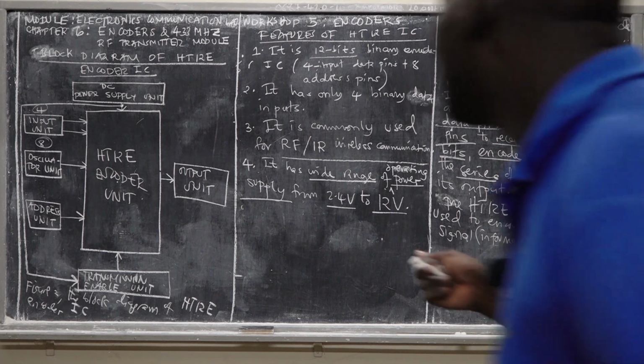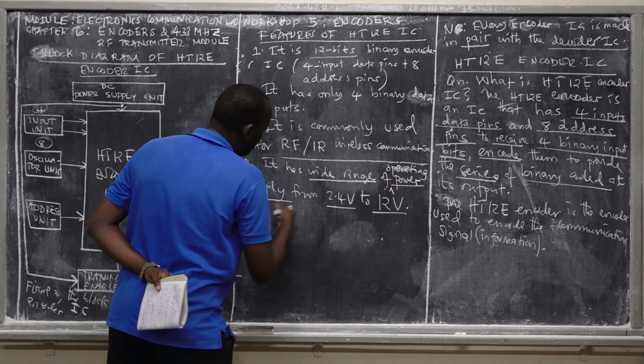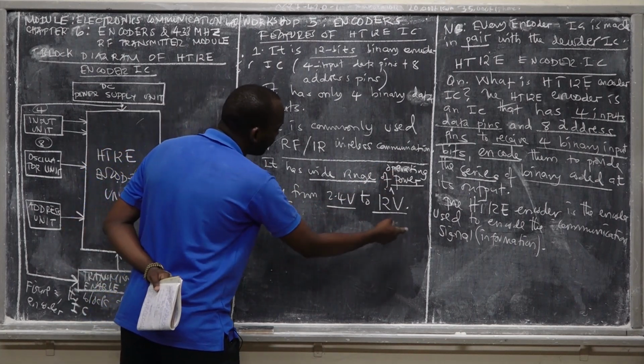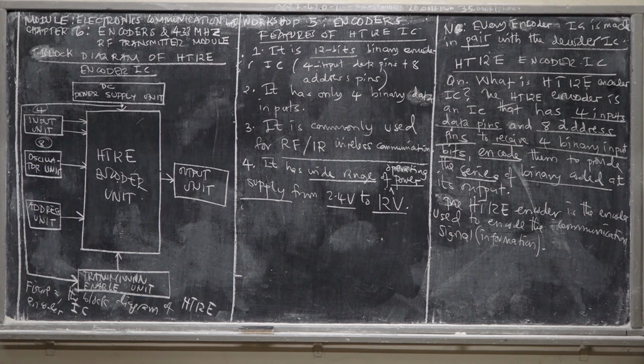What does this sentence or these features mean? Wide range operating power supply from 2.4 volt to 12 volt. Tell us, Latifa. So 2.4 what? Oranges or 2.4 cloths? So what does it mean? Yes.